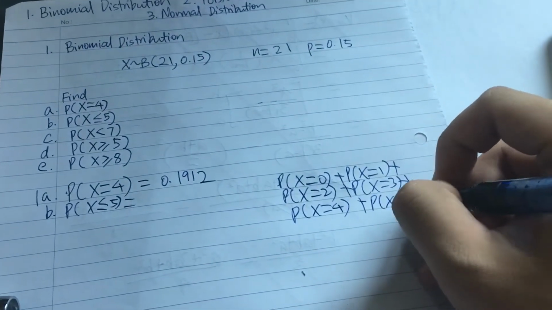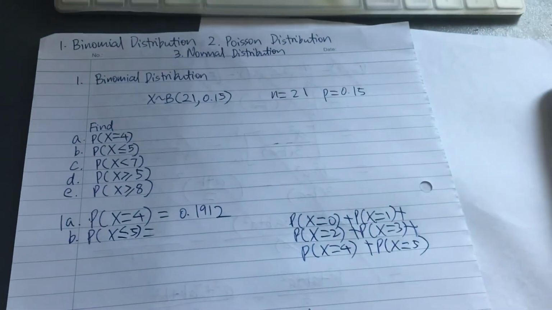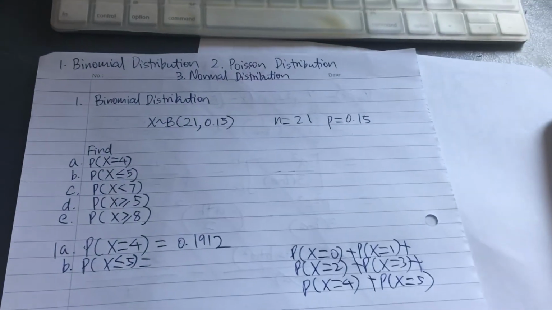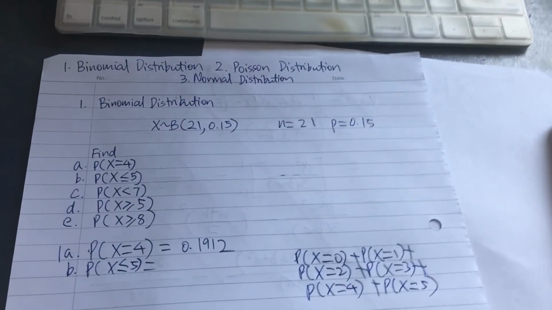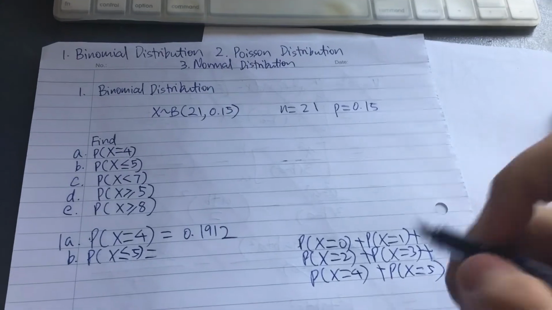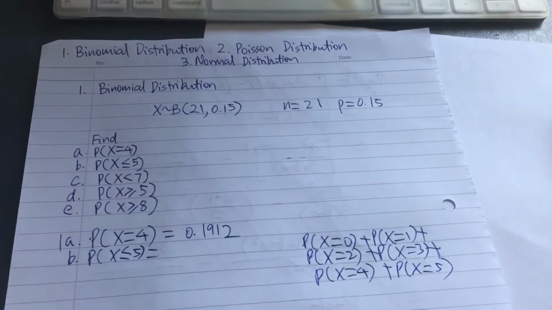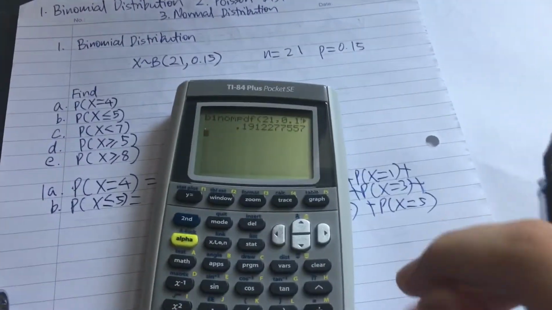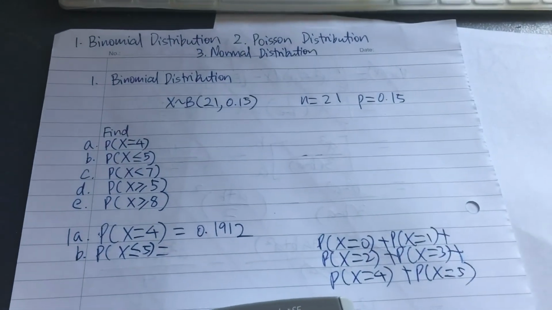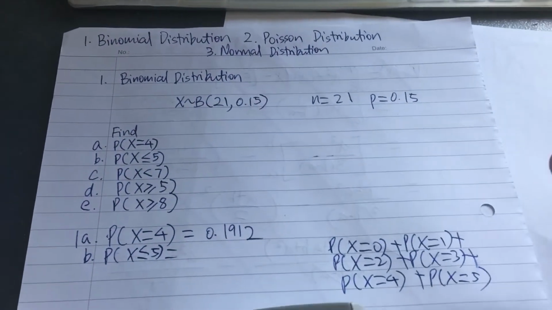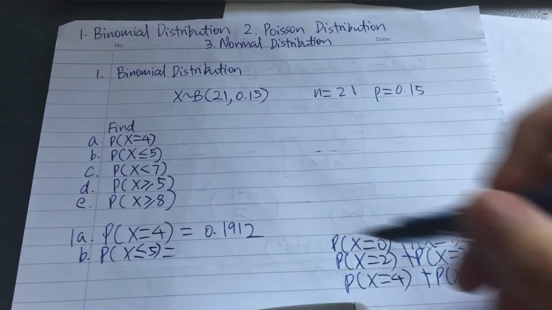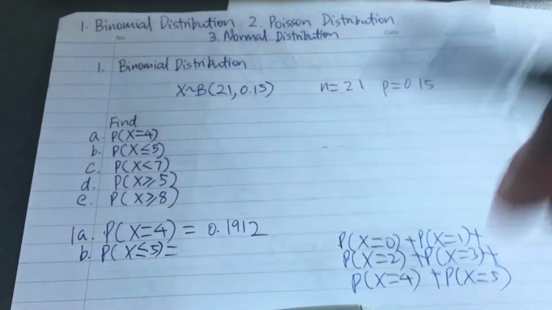Now remember that a binomial distribution is a discrete random variable. It's a discrete distribution. So for this case, you have to use CDF, because CDF means cumulative distribution function. So anything less than or equal to the value of 5.